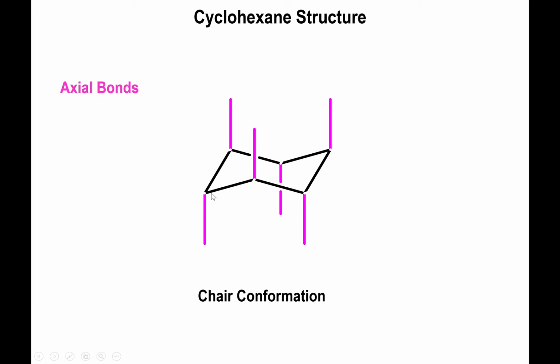If on the other hand, the corner is pointing up, like in the case of this carbon, the bond is going upwards, and from the right side, the bond is also going upwards, you draw a line straight up. So for every single carbon that you see here where the point is upwards, you have that straight up line. And where the point is going downwards, you have the bond going straight down. This is what we call the axial bonds.